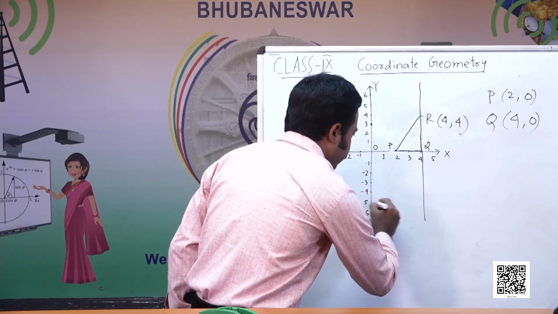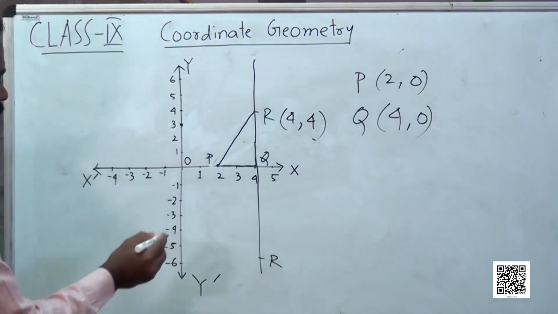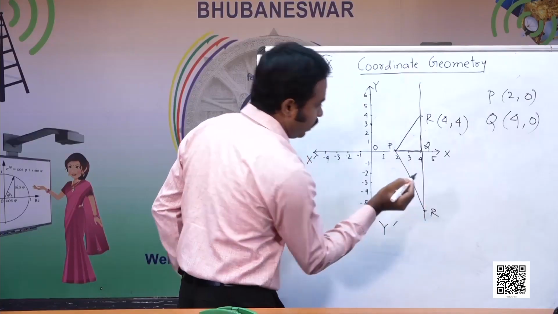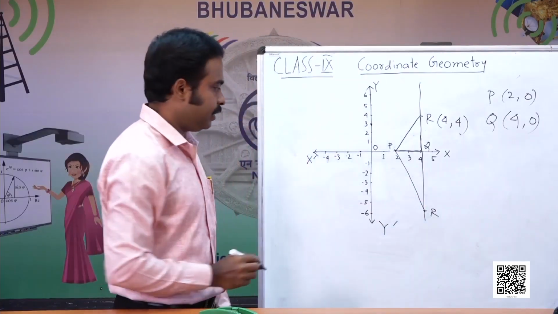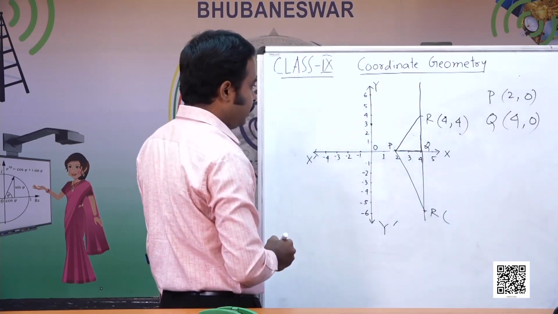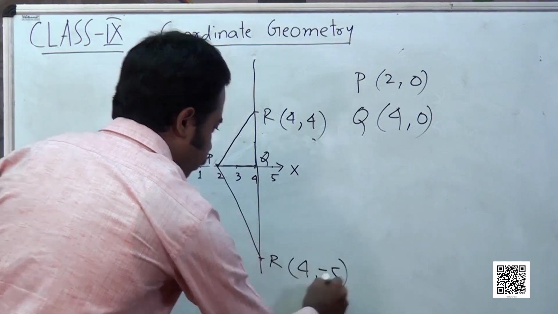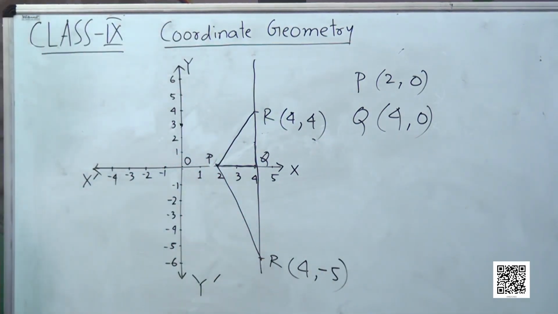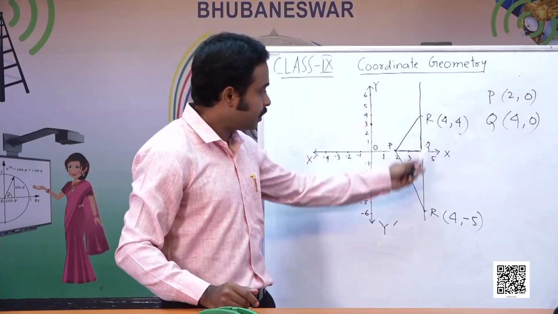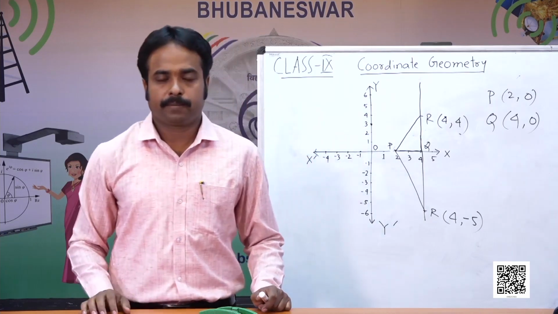If we take R here and join this, then again this is a right triangle. The coordinates of the point R are (4, -5). So that means any point on this line will serve our purpose.